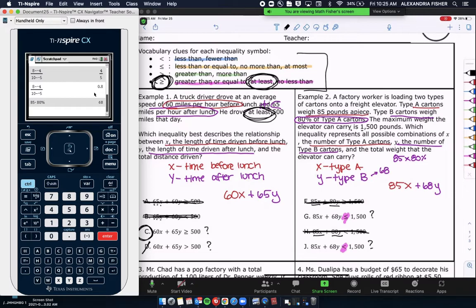So when it's saying maximum, it means that all of this has to be less than this number. It can equal this number. So if we get on the elevator, it can be 1,500. It can be equal to 1,500. Okay, so out of the two symbols we're going to use, G is going to be my answer.